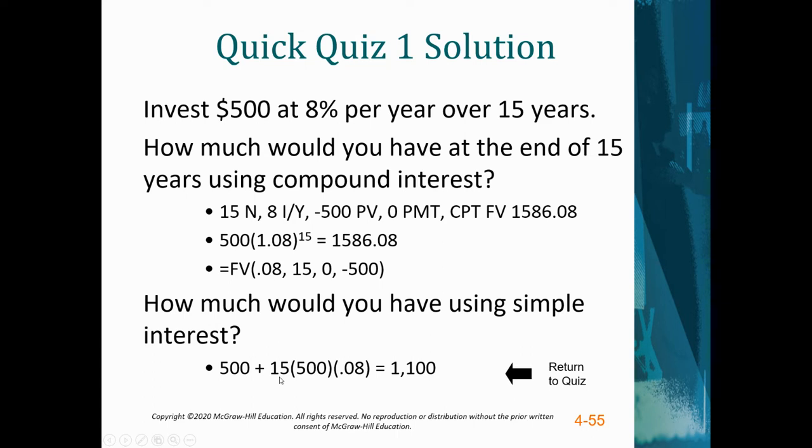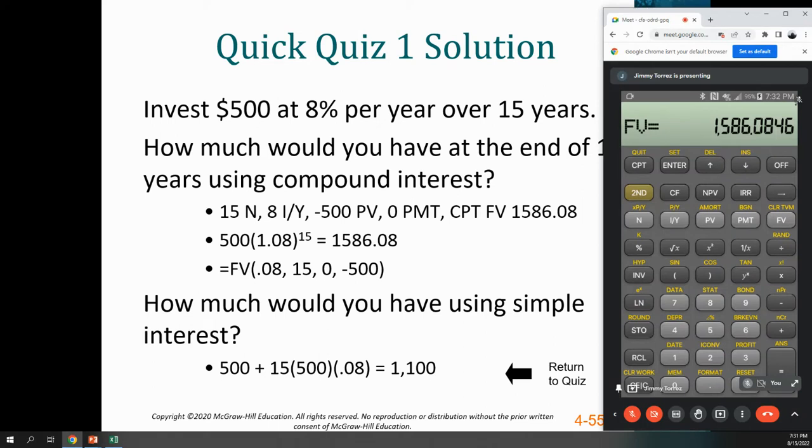Okay. How much would you have using simple interest? Well, basically, as I said, you take that 500 and multiply by 0.08. If we use the calculator, 500 times 0.08 equals $40.